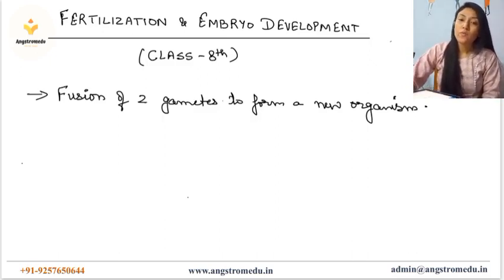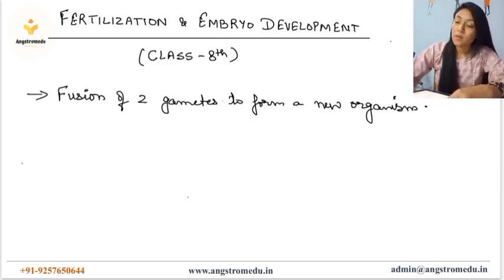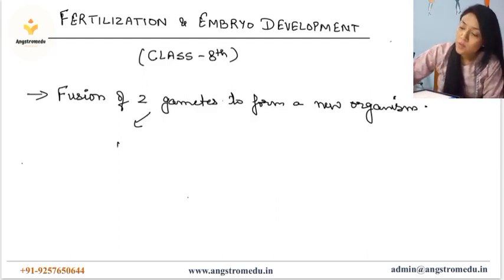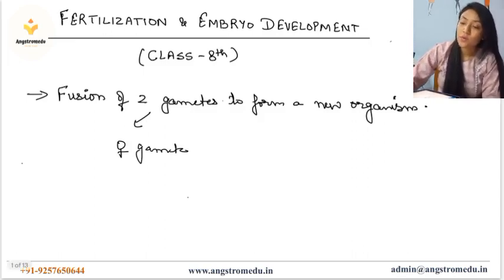Now, fusion of gametes we were talking about. So, what is fusion of gametes? Which type of gametes? Here, two gametes play an important role. One is the female gamete, and second is the male gamete.